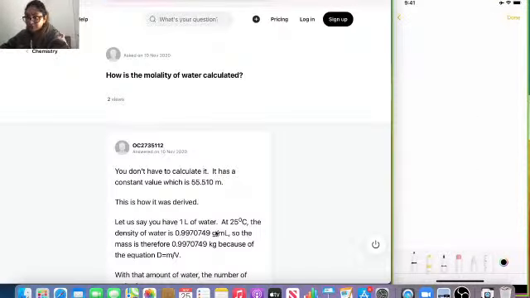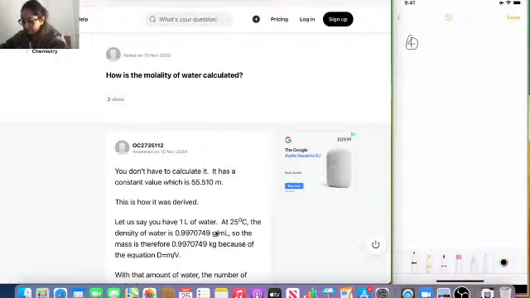Okay, so the fourth question says, how is the molality of water calculated?